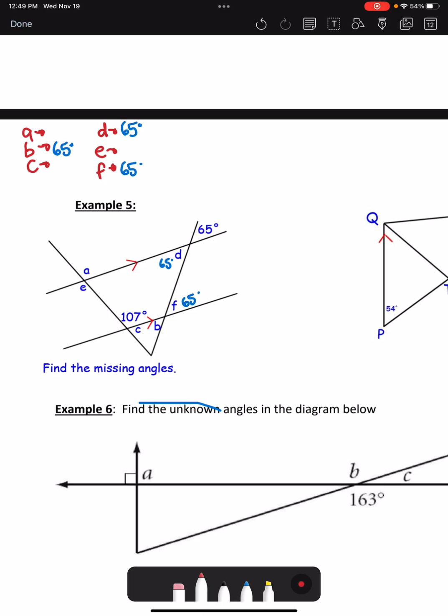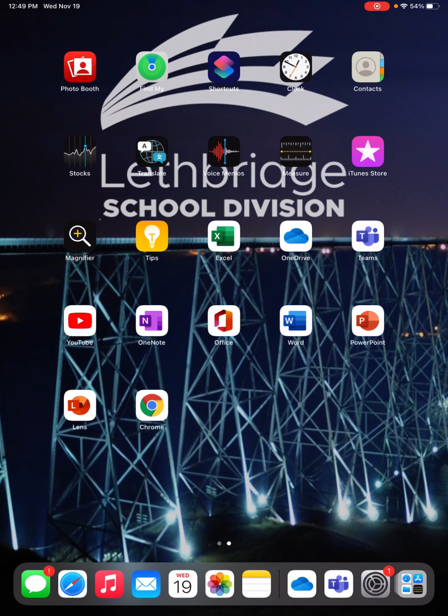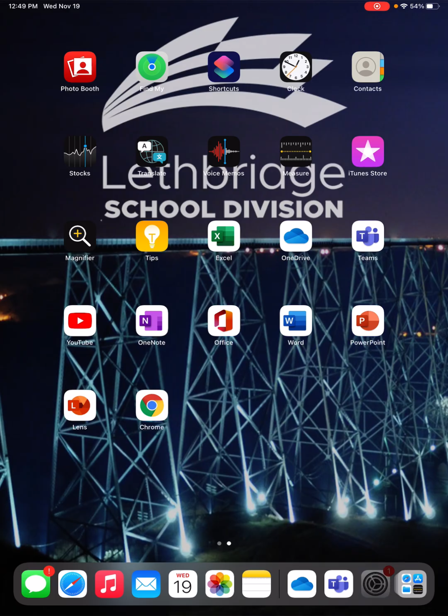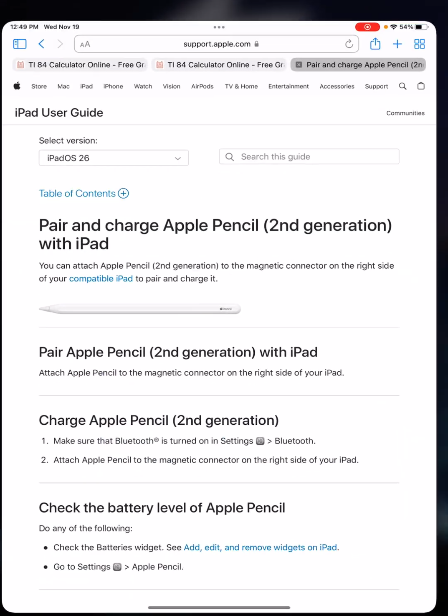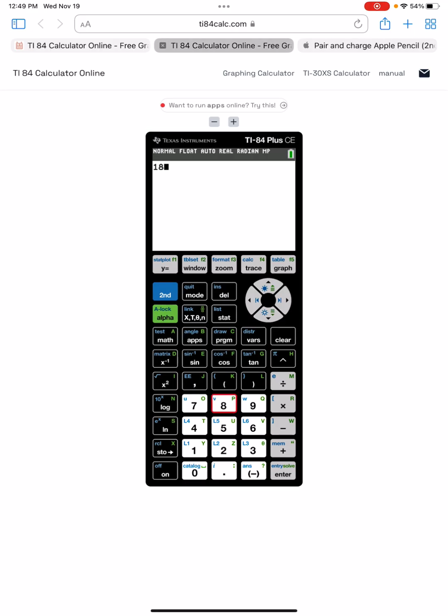Okay, let's keep going. So for C, if this is 107, I know it's supplementary to angle C. So it's 180 minus 107, which gives me 71 degrees. Oh, let's actually try typing that in our calculator again. That seems wrong. 180 minus 107. 73 degrees.